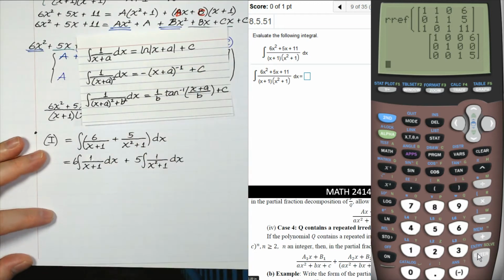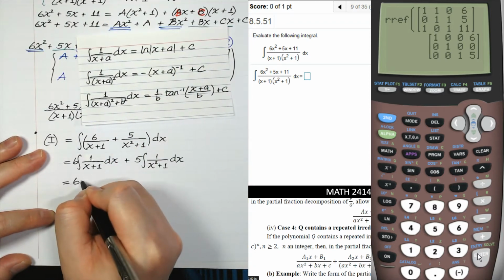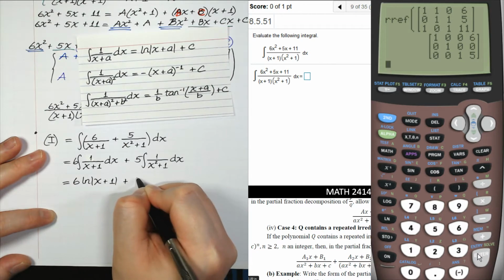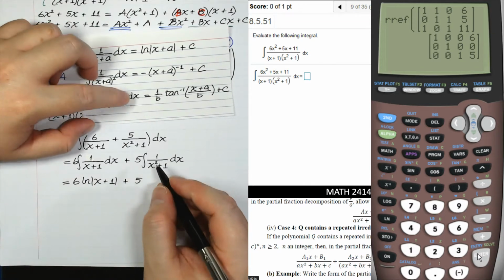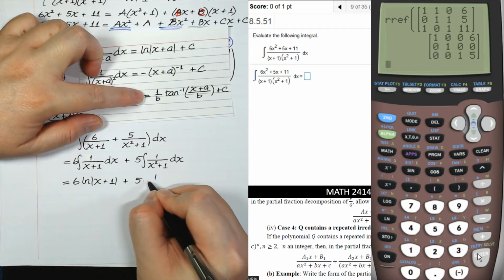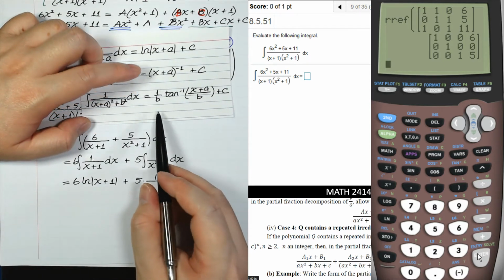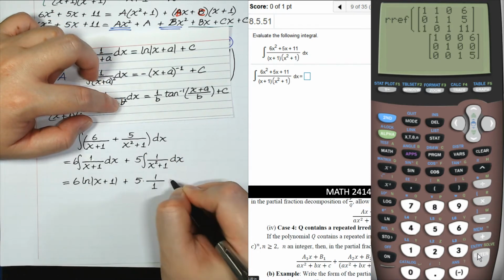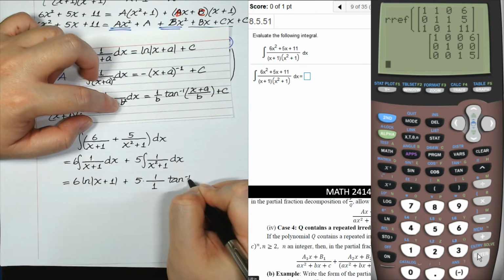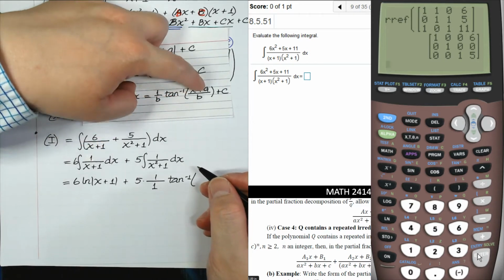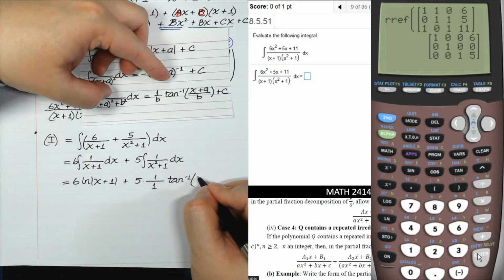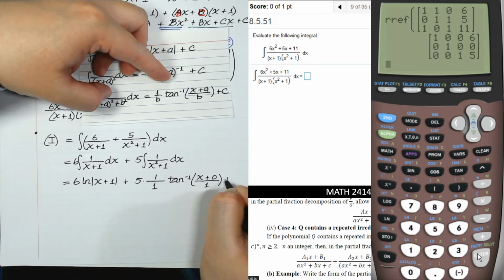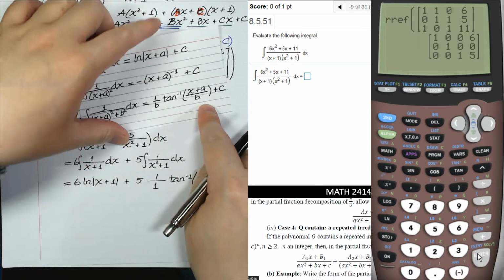Now bring back the formula. This gives us just ln of absolute value of x plus 1. And this gives us the tangent inverse: 1 over b, b is 1 in this case, tangent inverse of x plus a, a is 0, b is 1. Yeah, so we have that.